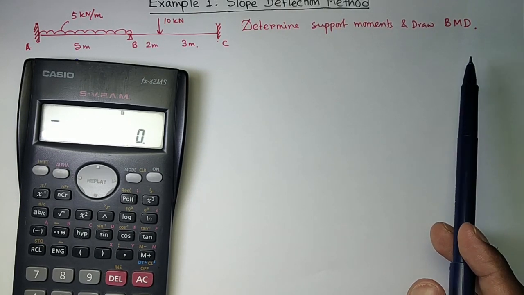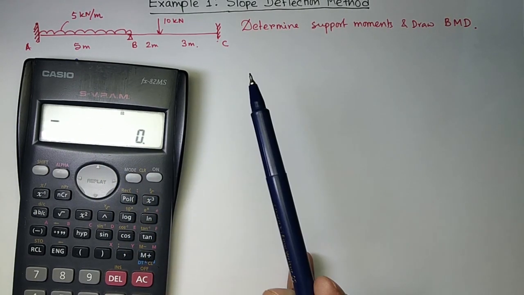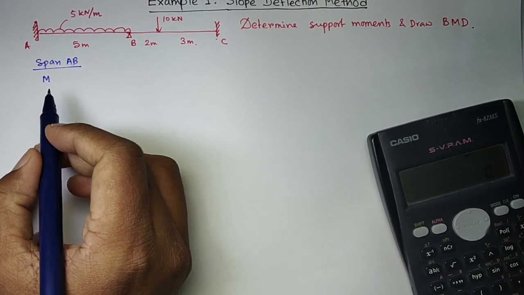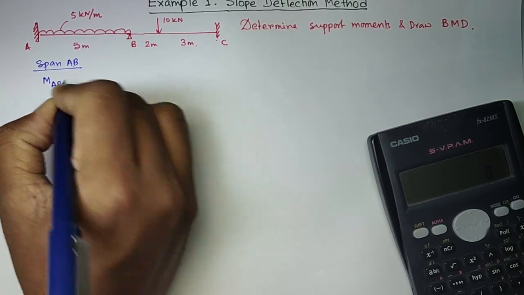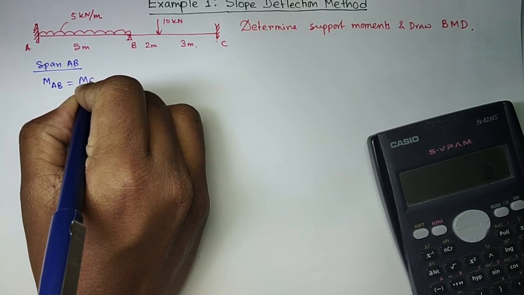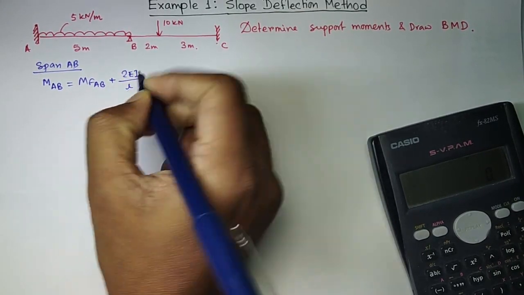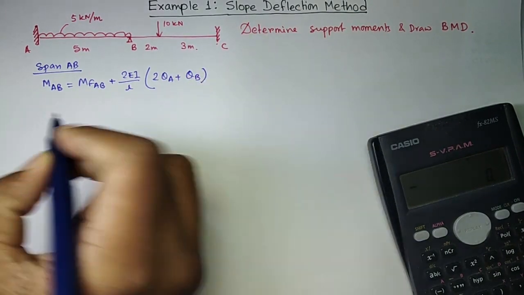First you have to write down the slope deflection equations for the span AB and BC. Let's write down. For span AB, the equation will be MAB equals MFAB plus 2EI by L into (2 theta A plus theta B).